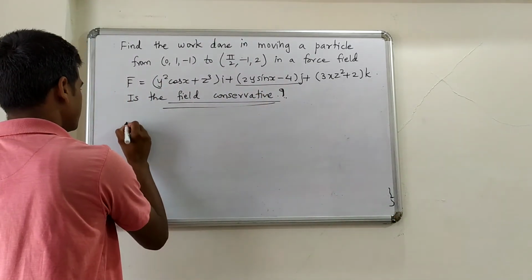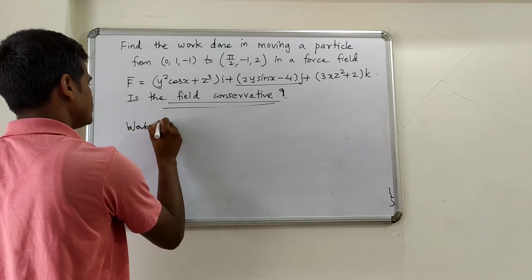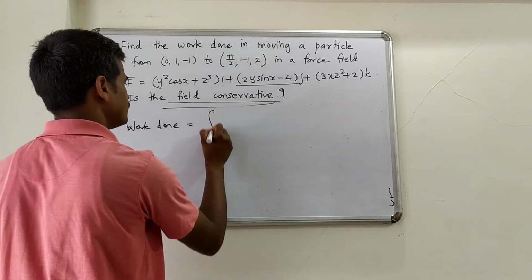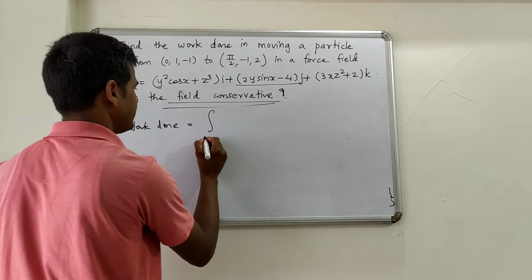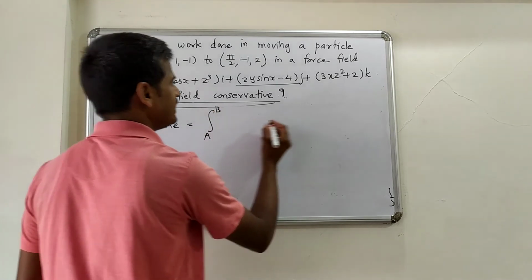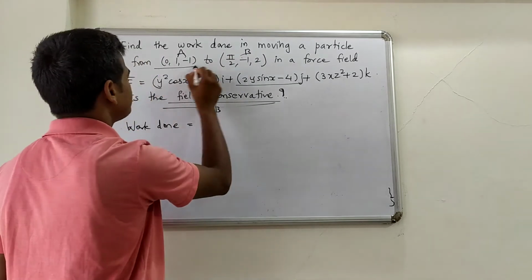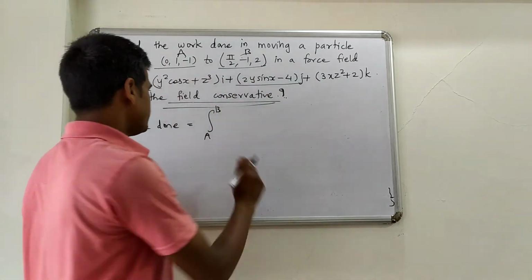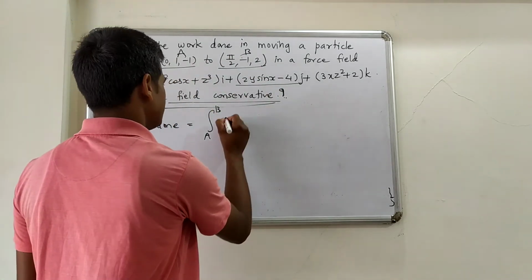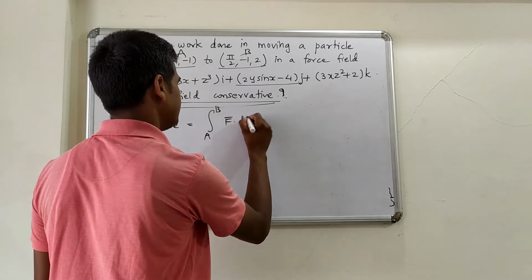So therefore work done is equal to integral over a to b. I have said a is this point and b is this last point. So integral a to b F bar dot dr bar.